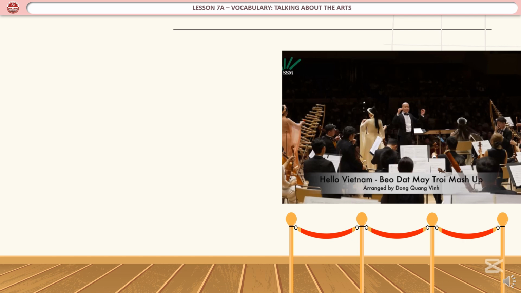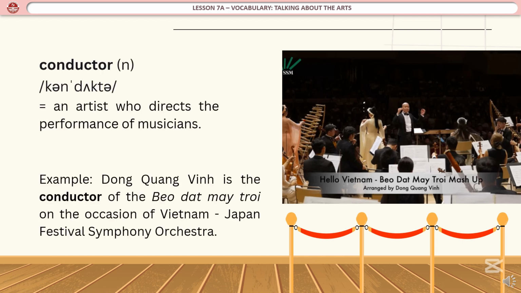You can see there are lots of musical instruments around him. So, what do we call a person who leads the orchestra and directs the musicians? Exactly, it is a conductor. Again, conductor. Conductor is an artist who directs the performance of musicians.